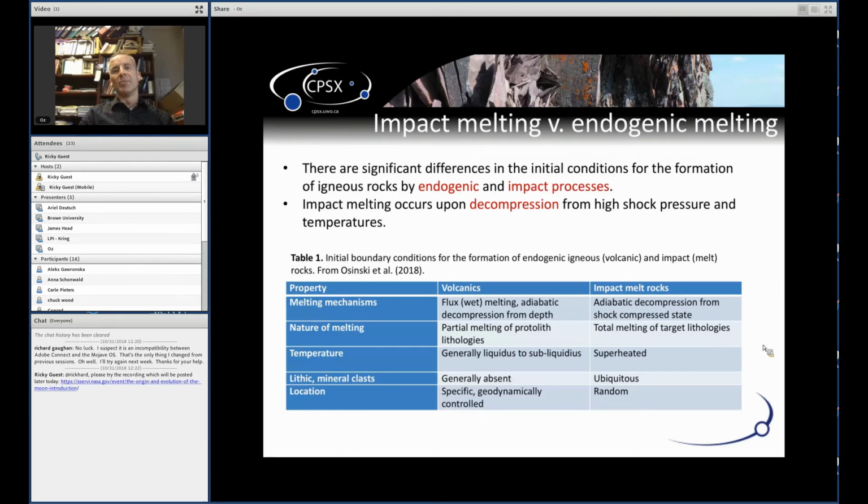The key difference is that, unlike endogenic melting, impact melting is not a partial melting process. You're not melting part of a rock and extracting a little bit of that melt. It's essentially whole rock melting upon decompression. Another key difference is that impact melts are what we call superheated, so they're well above the liquidus temperature.